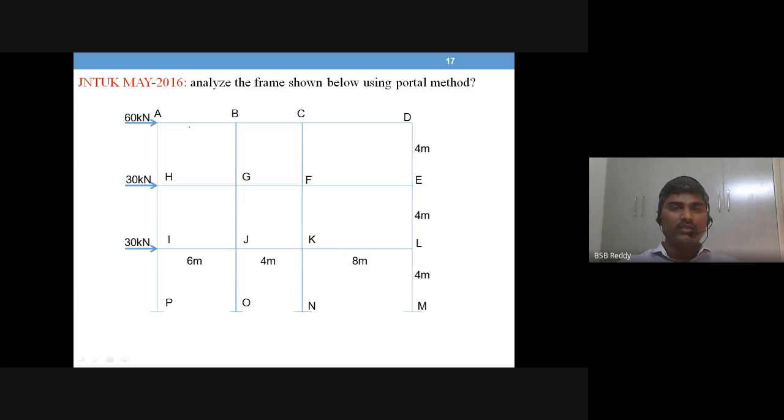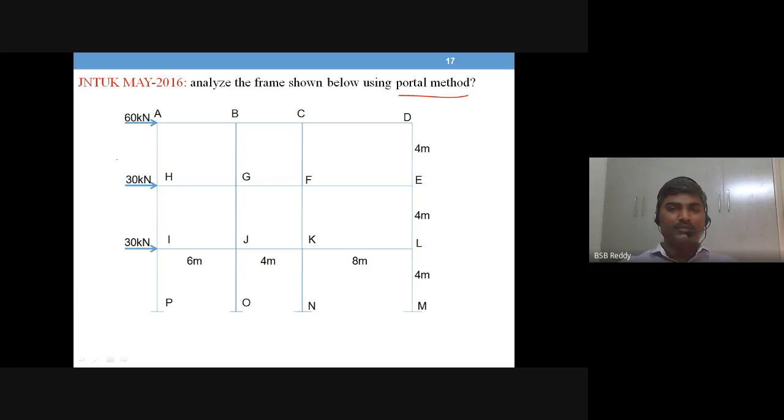So we will see how we calculate that, and also AH is a column, so we need bending moment, shear force, and axial load in this column. Likewise, you have so many beams and so many columns in this frame, and you are able to solve this frame with no difficulty at all using this portal method with just two simple assumptions.